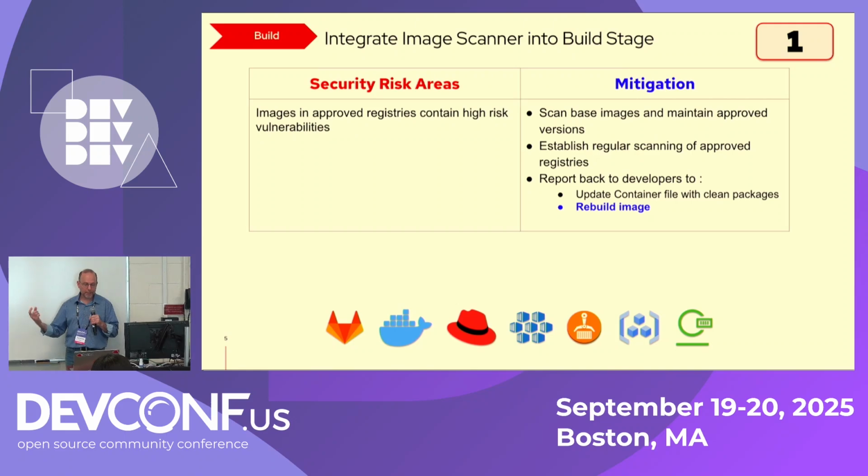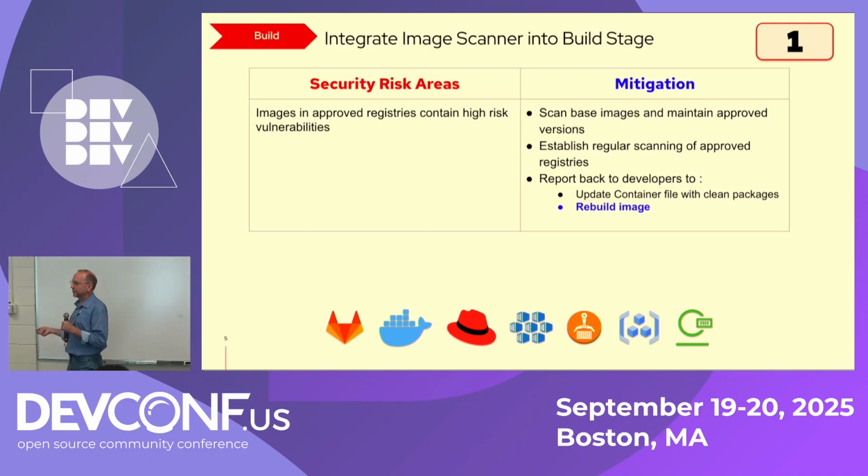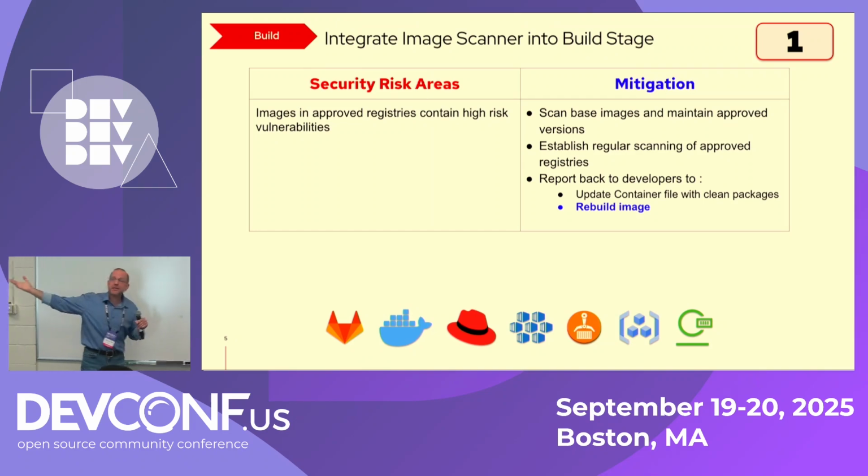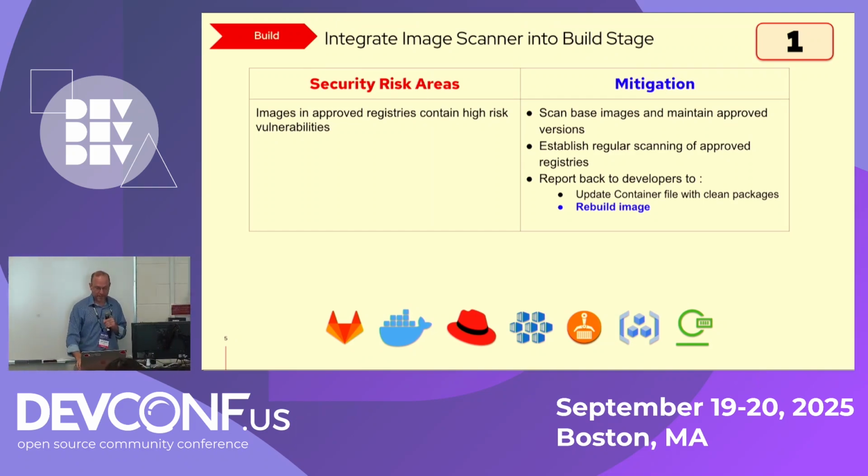You need to report back to the developers, because how do you fix a vulnerability in your image? Anyone? You replace it. That's the only thing you can do. You have to rebuild the image. And so there's already process there.